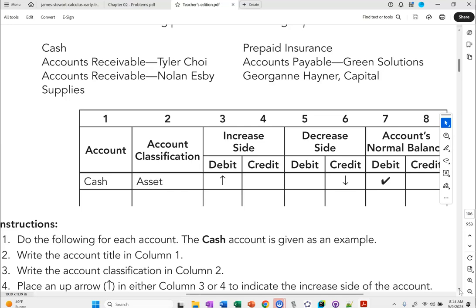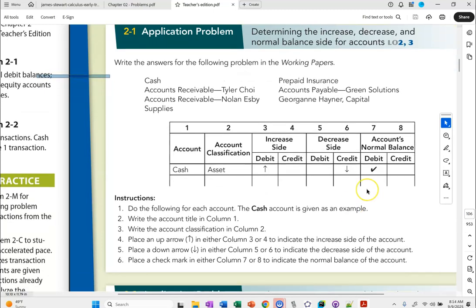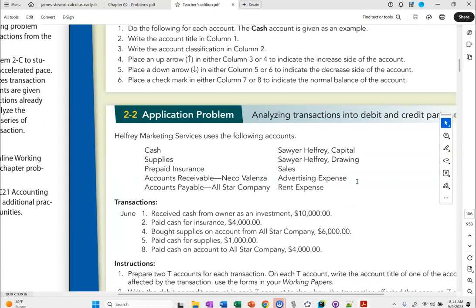All right. I think I need to zoom this out a little. Okay, that's better. All right, let's take a look at our... There we go.